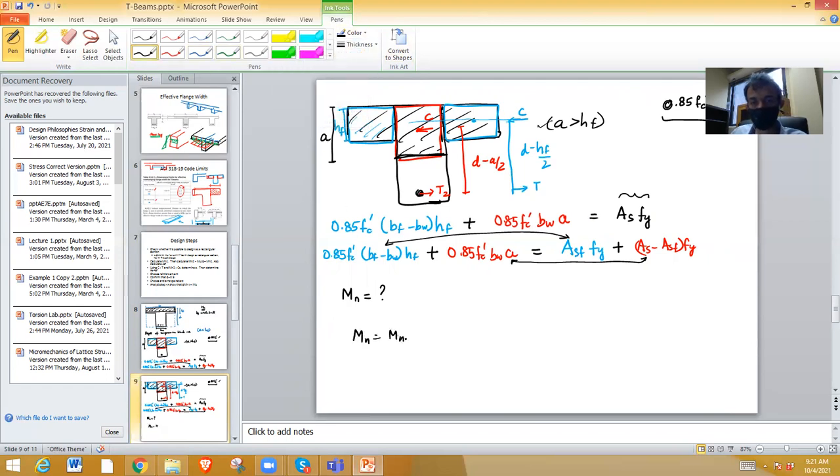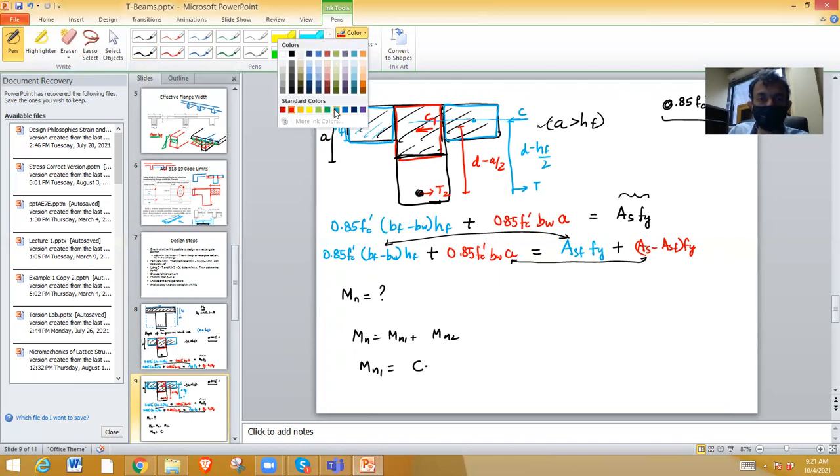So Mn we write as the sum of two parts. Mn is Mn1 plus Mn2, just like the doubly reinforced beam. How do we write Mn1? We can write it as C1 times, oh, I'm sorry, the red is C2, and blue is C1.